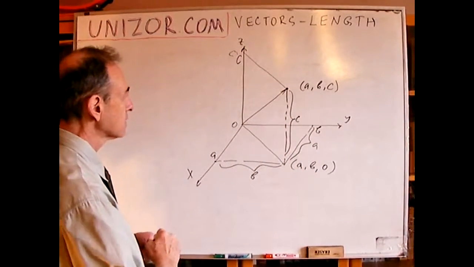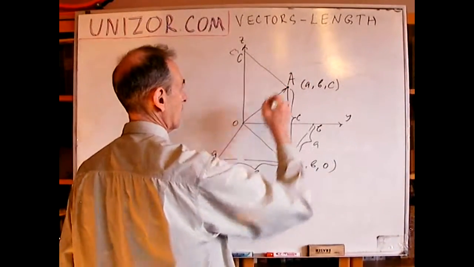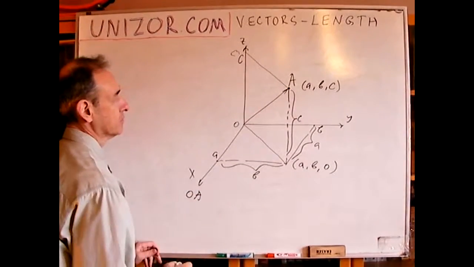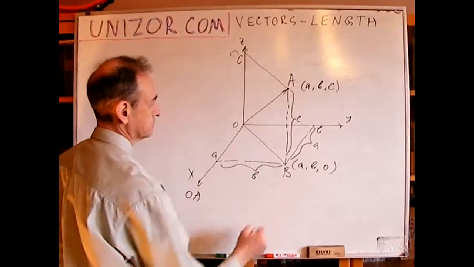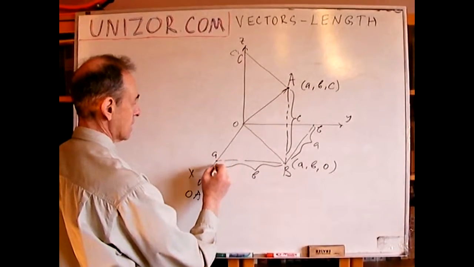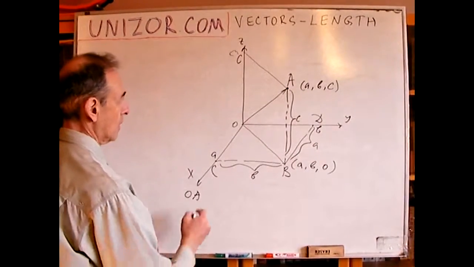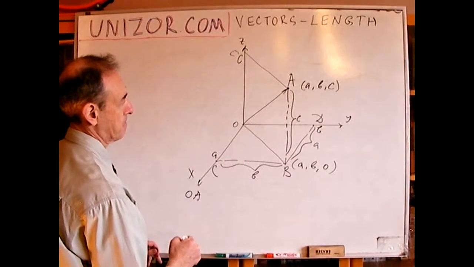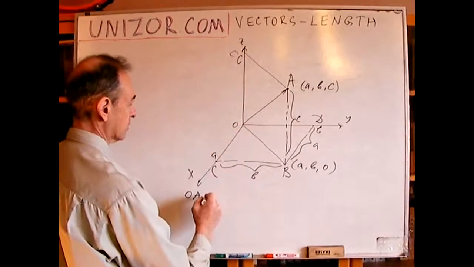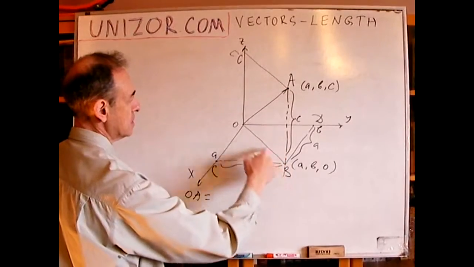So what's the length of OA? OA. Now, the projection is B. And projection of B to these two are, let's say, C and D. Now, OA is a hypotenuse of a triangle ABO.